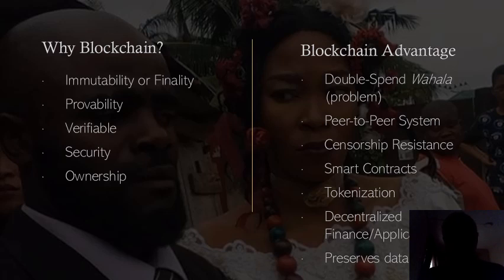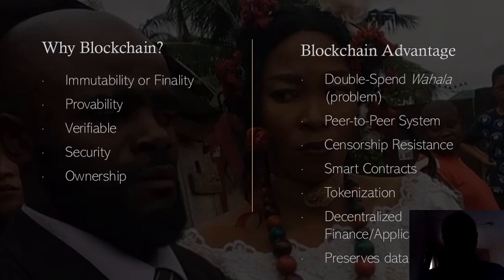Let's say you're sending money to somebody. As you're sending that money, with the transaction hash that has been created, you can know which state it is in, whether it has gotten to that person or if it is still in the block, that is, if it has not been mined and all that. So you can easily prove that you've sent this money or this asset to this person, and it is verifiable.